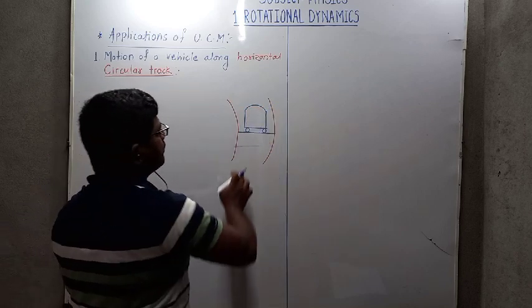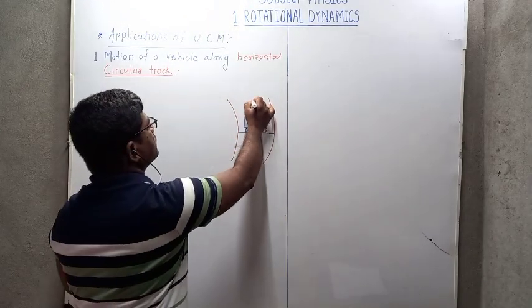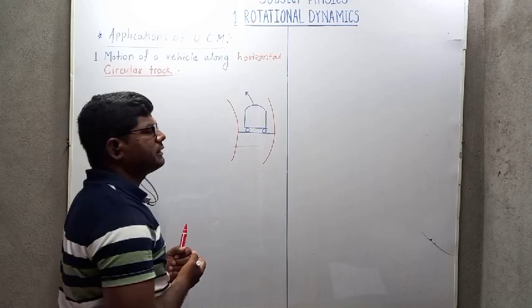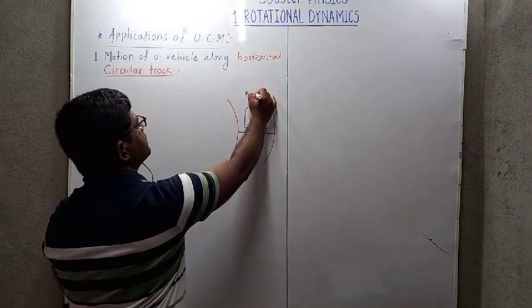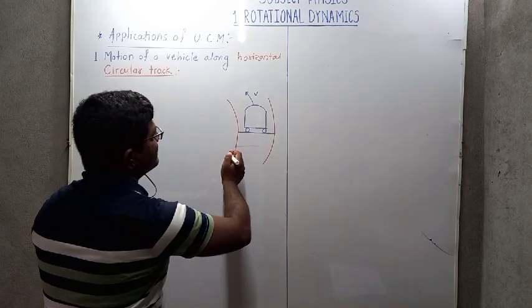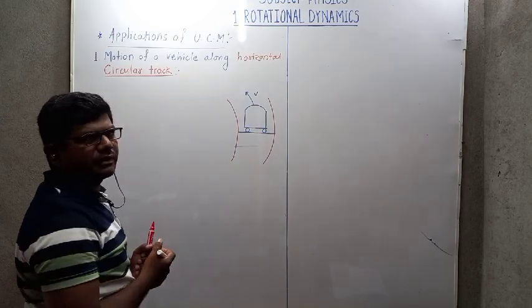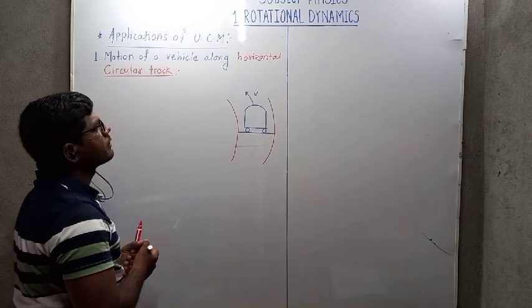Let m be the mass of this vehicle, which is moving with constant velocity v along the horizontal circular track of radius r.